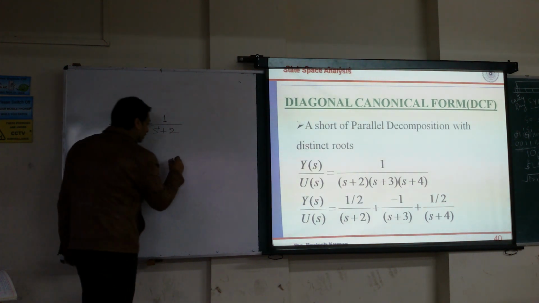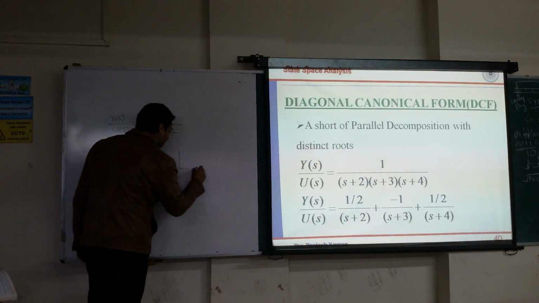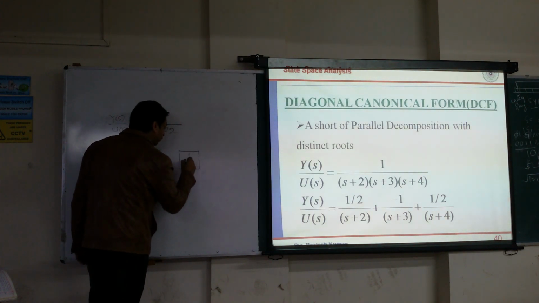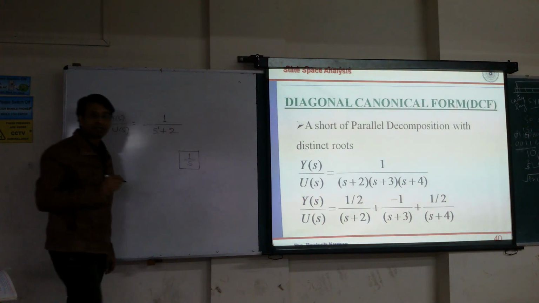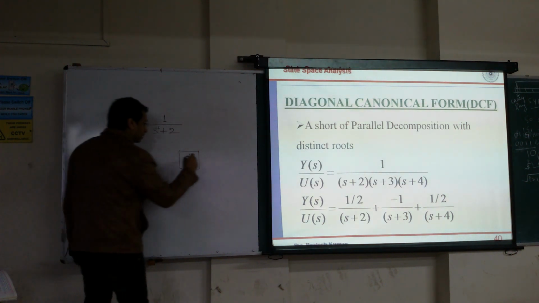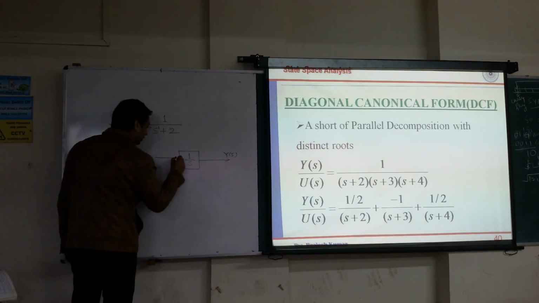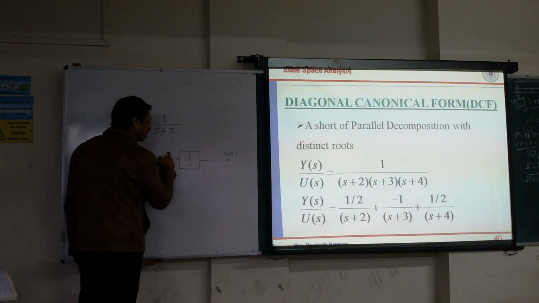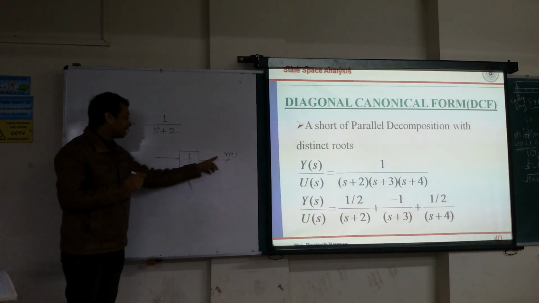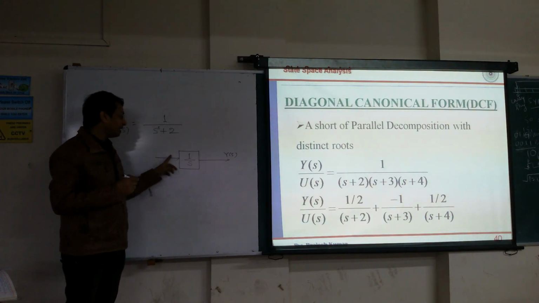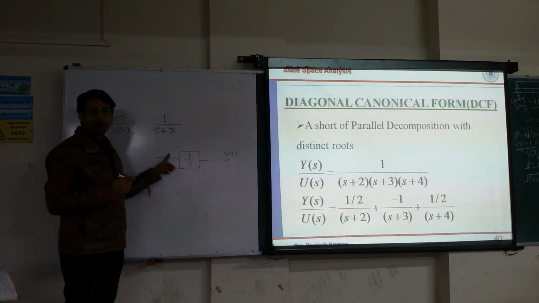Okay. So let us start with a simple block. Say one integration in frequency domain will become 1 upon s, correct? Okay. This is your output Y(s). This is your input, what will it be here? If Y(s) is the output of the integrator, what will be the input?